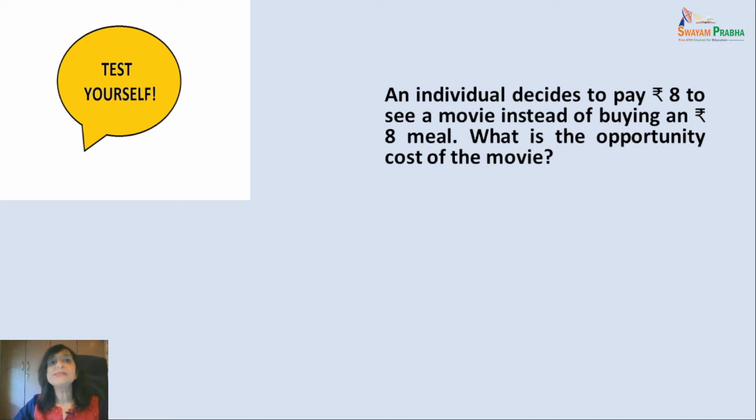His resource is 8 rupees which he has in his pocket. So that 8 rupees he can either use to buy a movie ticket or he can use it to buy a meal for himself. So my question to you is, what is the opportunity cost of the movie?